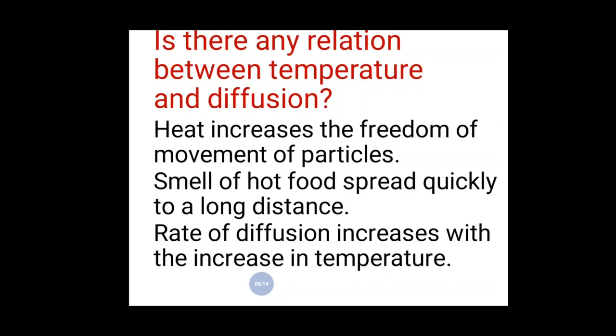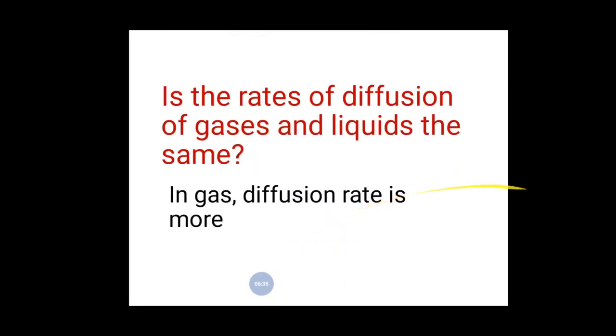So now we have studied two things that influence the rate of diffusion. You know what diffusion is? It is the spontaneous mixing of different substances, right? And what are the two factors? There are many factors, but you only have to study these two. One is the temperature. When temperature increases, the rate of diffusion increases. The other is the state of matter.